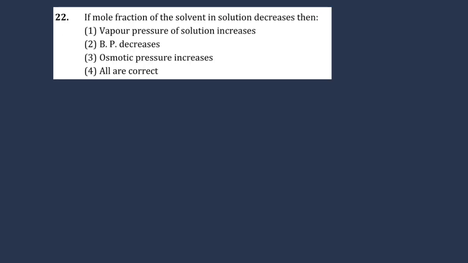Then next one, 22. If mole fraction of the solvent in solution decreases, then what will happen now? Consider. This is only solvent. Then what happened here? These are all solvent molecule. Next, when you add solute, then we have this solvent plus solute, solvent plus solute, solvent plus solute.